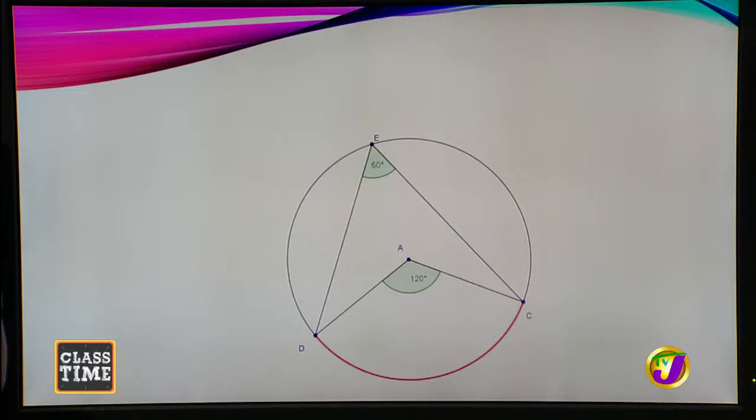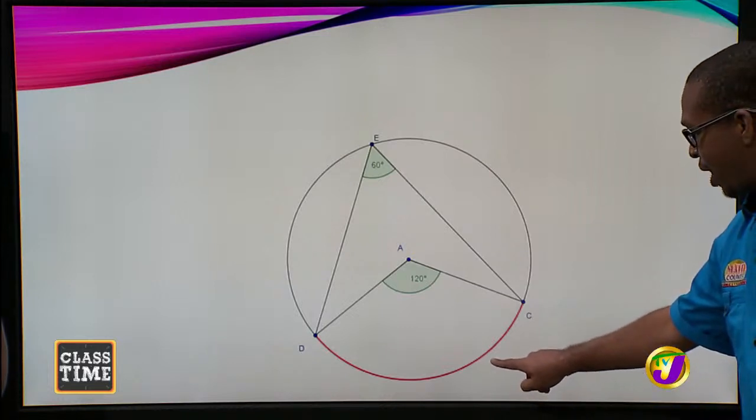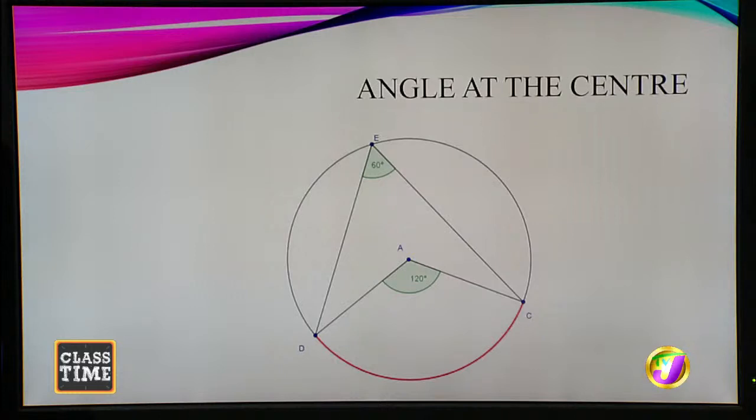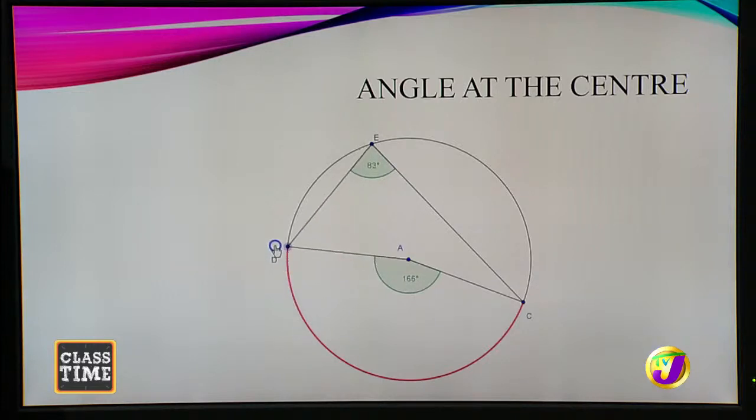Okay. Let's see what would happen if we change the values of these figures. Ooh, computer magic. Wow. I'm hoping that you are picking up something as the figures change.